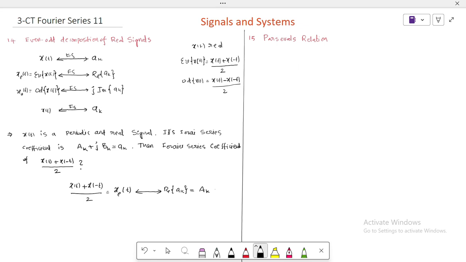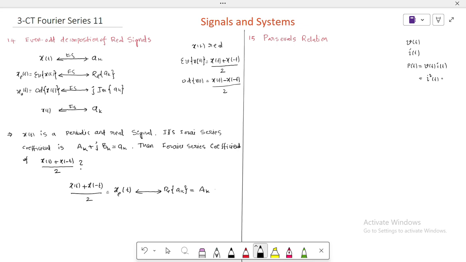The instantaneous power equals V of t into I of t. V of t is nothing but I of t into R, so the power is I square of t into R, or V square of t by R. So here we can understand that power is nothing but the square of the signal.